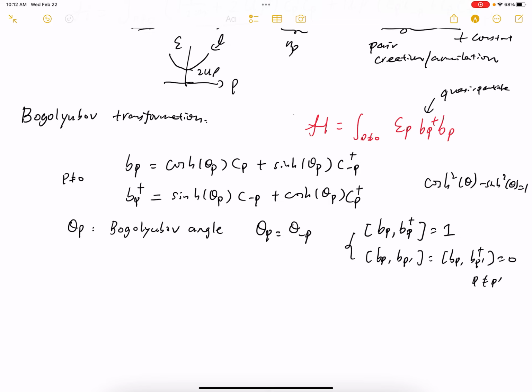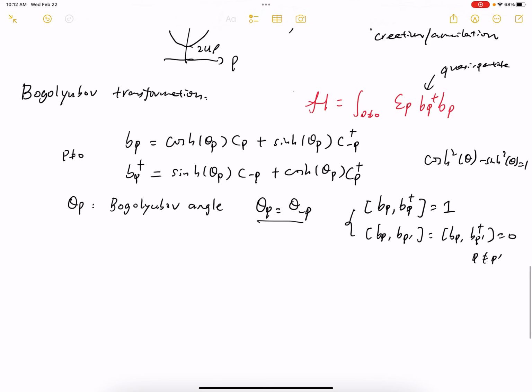This is similar to cosine theta square plus sine theta square equals 1, but for cosh and sinh you have a modified identity. Together with this fact, you can prove this easily. These quasi-particles are usually called the Bogoliubov bosons.